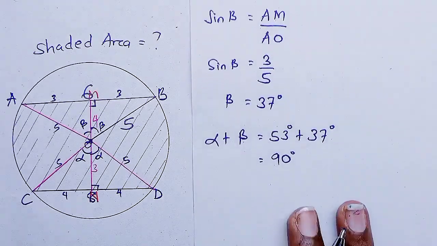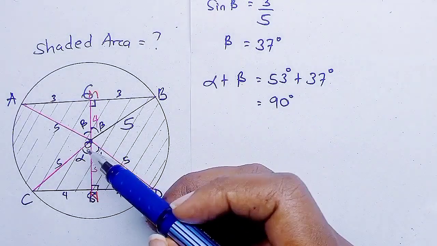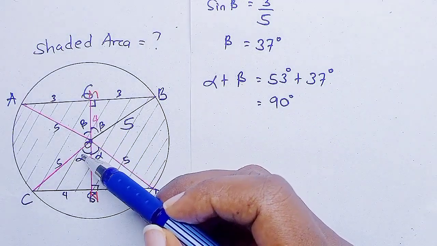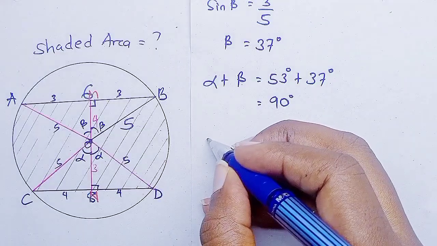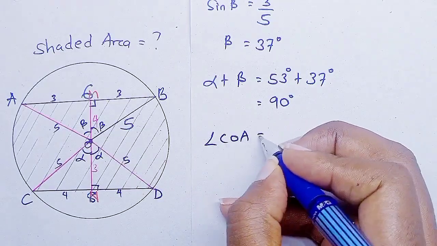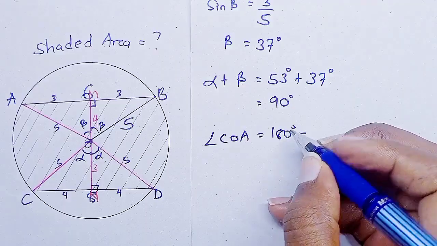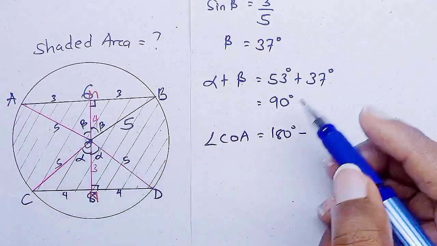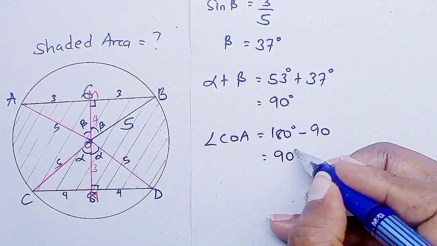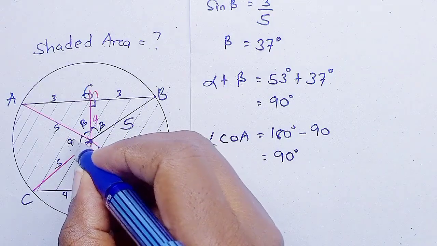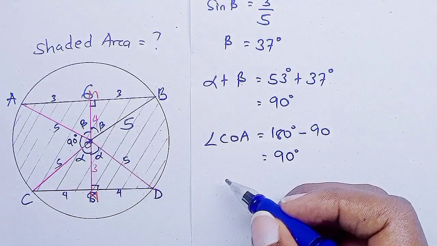Now, since angles on a straight line add up to 180 degrees, as you can see, we have alpha and beta. So this angle COA will be equal to 180 degrees minus alpha and beta, which is 90. So angle COA is also 90 degrees.